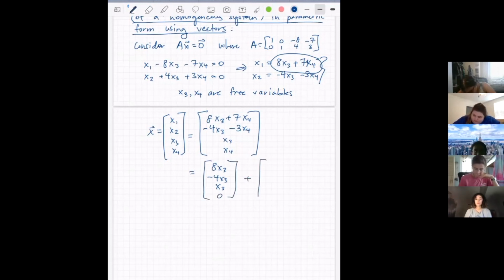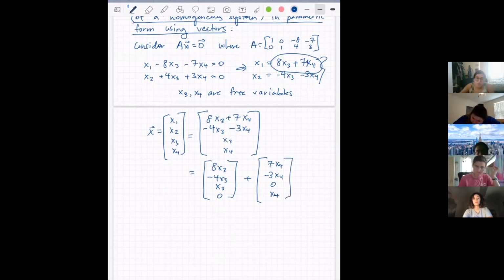And then plus, this is the part involving x4: 7x4, minus 3x4, 0 because there's just x3 in that entry, and then x4.